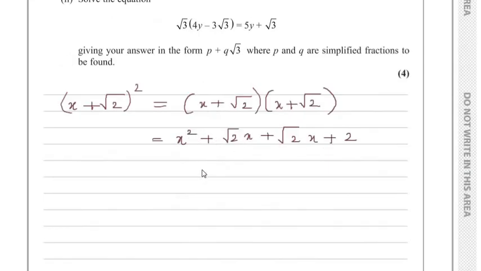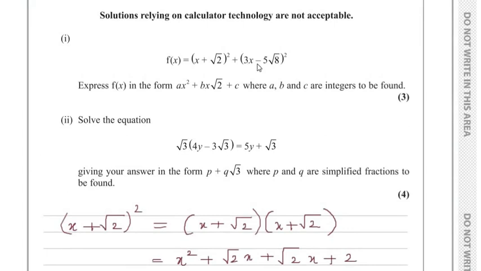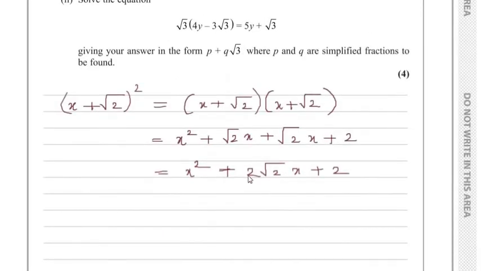Now let us just further simplify this and combine the like terms. So x square stays the same, but root 2 x and root 2 x are like terms, so we can just add them and write it as 2 root 2 x plus 2. So this is the expansion of the first bracket. Now let us expand the second bracket, which is 3x minus 5 root 8 whole squared.